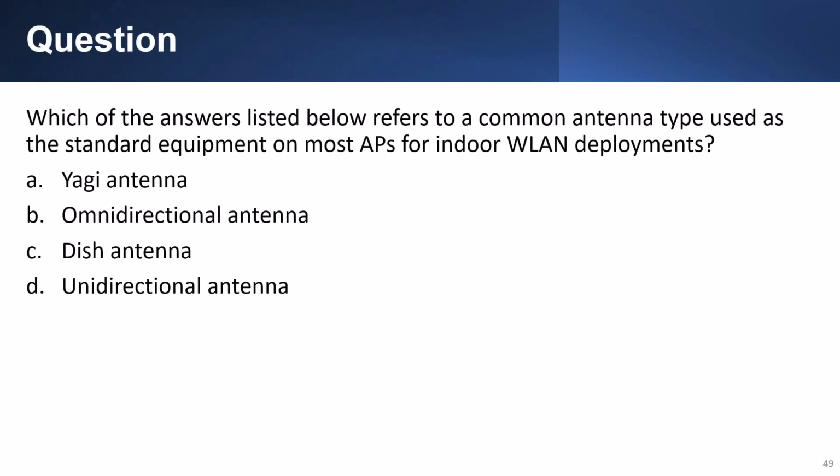Question: which of the answers listed below refers to the common antenna type used as the standard equipment on most APs for indoor wireless LAN deployments? Answer: omnidirectional antenna.